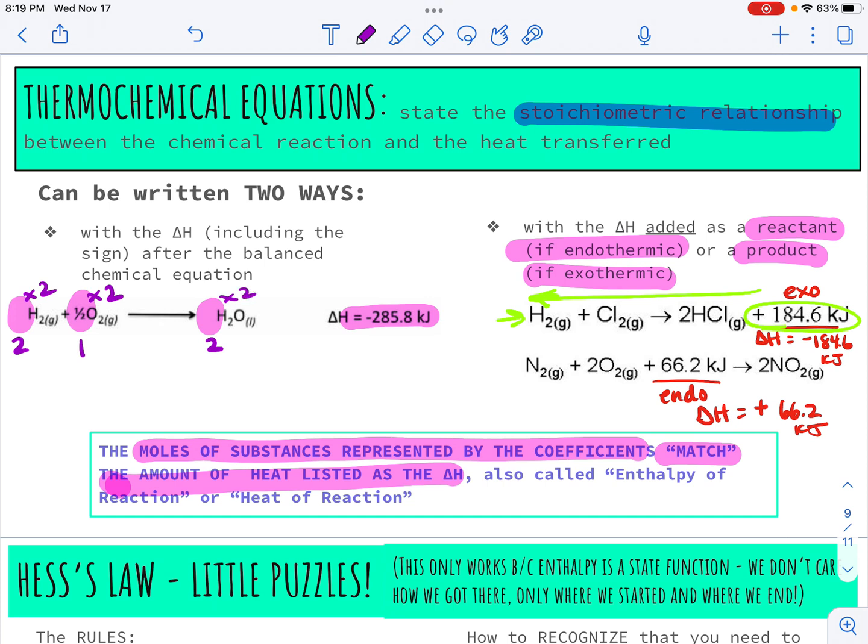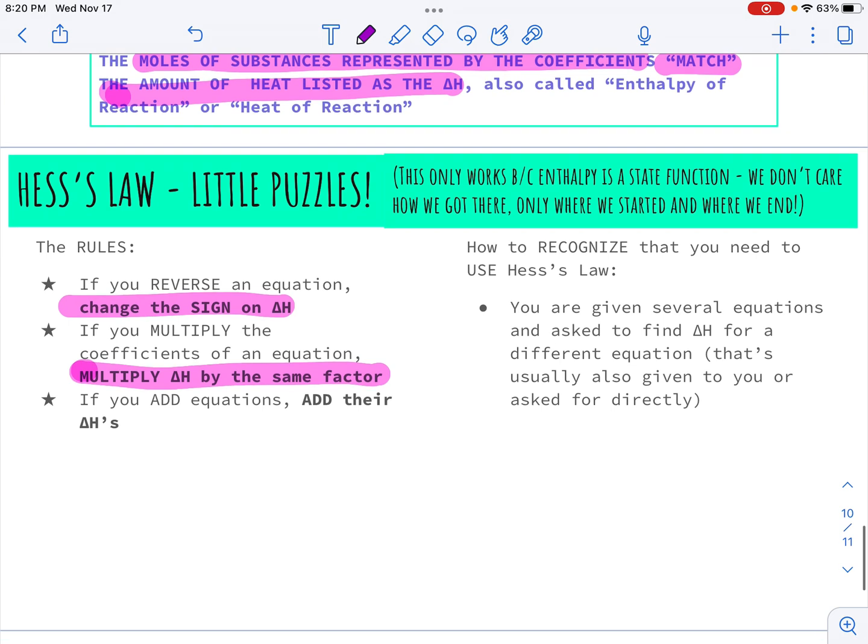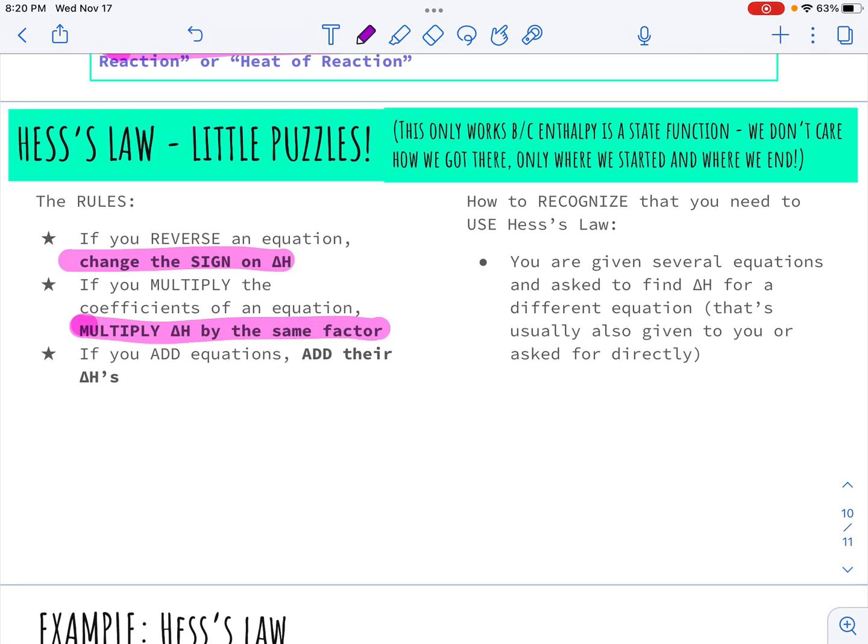That means delta H for this reaction with the new coefficients of 2, 1, and 2 would be 285.8 times 2, so negative. I don't know what that is, negative 560 something, 570 something. So about negative 570 kilojoules, not exactly. Okay, so picture that that's what we would do if we're going to multiply the coefficients. If you add equations, then you add their delta H's.